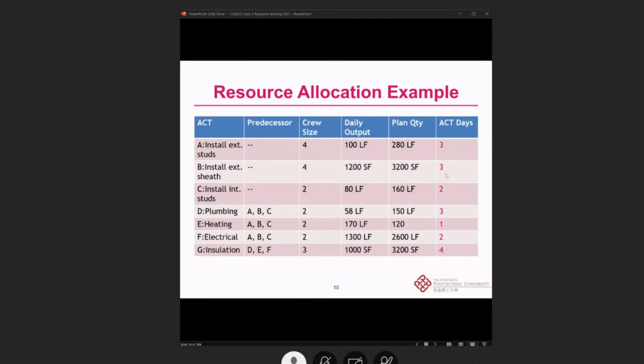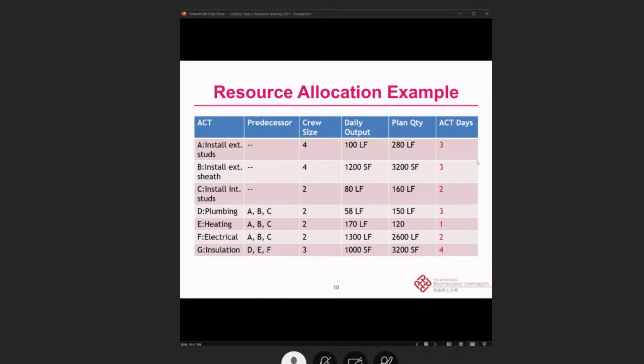This is why we determine that we need 3 days for A, 3 days for B, 2 days for C, 3 days for D, 1 day for E, 2 days for F, and 4 days for G. So this is how we can simply identify the duration.